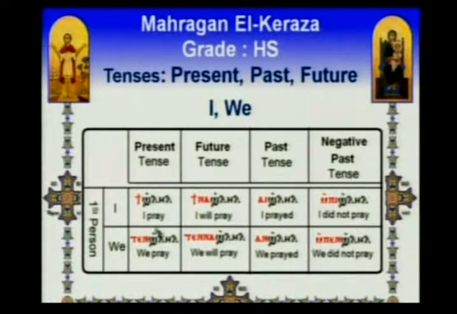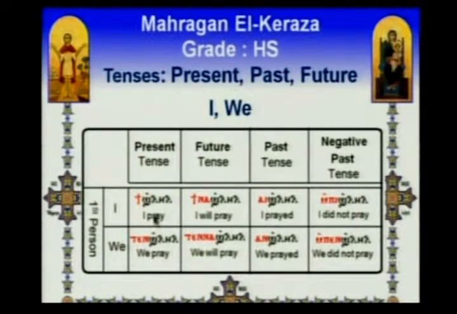So in this slide here, we have the I and we, which is the first person, the one who is speaking, whether it is a singular, it is I, or plural, we. How do we say I pray, or how do we say we pray? I pray is ti eshlil. We pray ten eshlil.